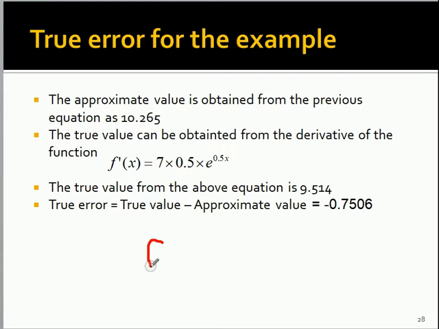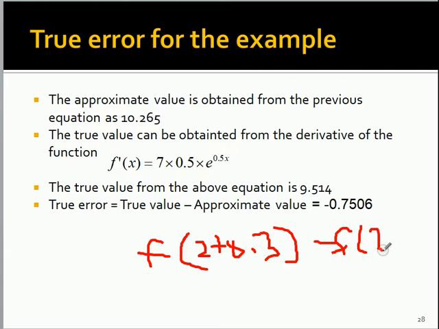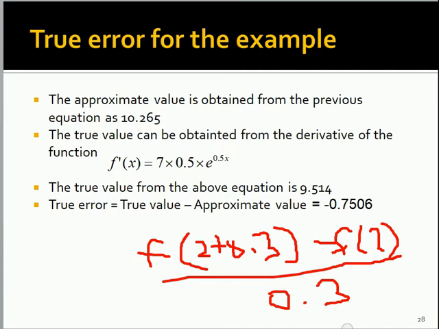So you put f of 2 plus 0.3 minus f of 2. For each f you have to use that formula of f, that is 7e to the power 0.5 times 2.